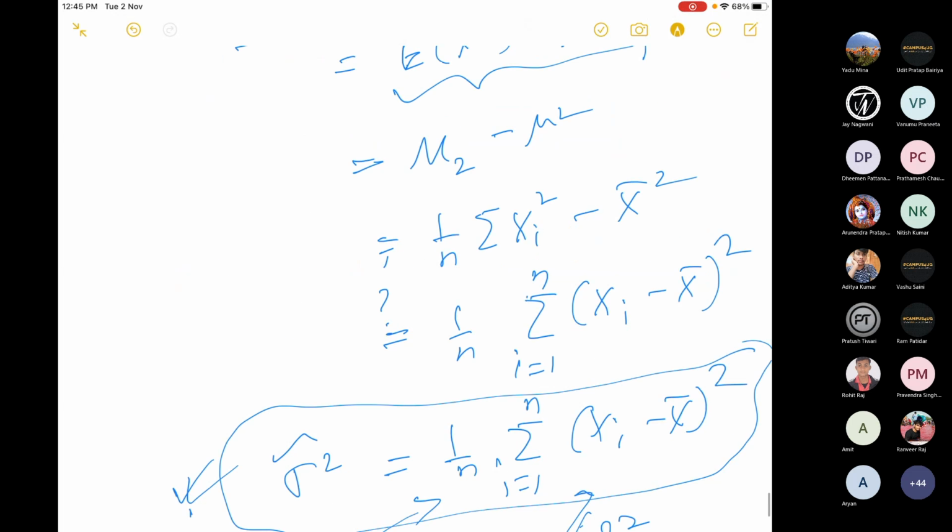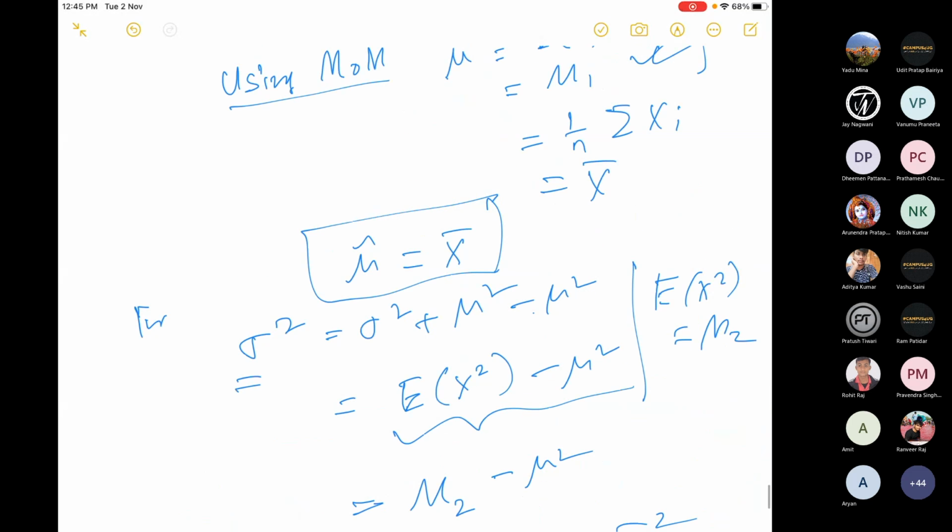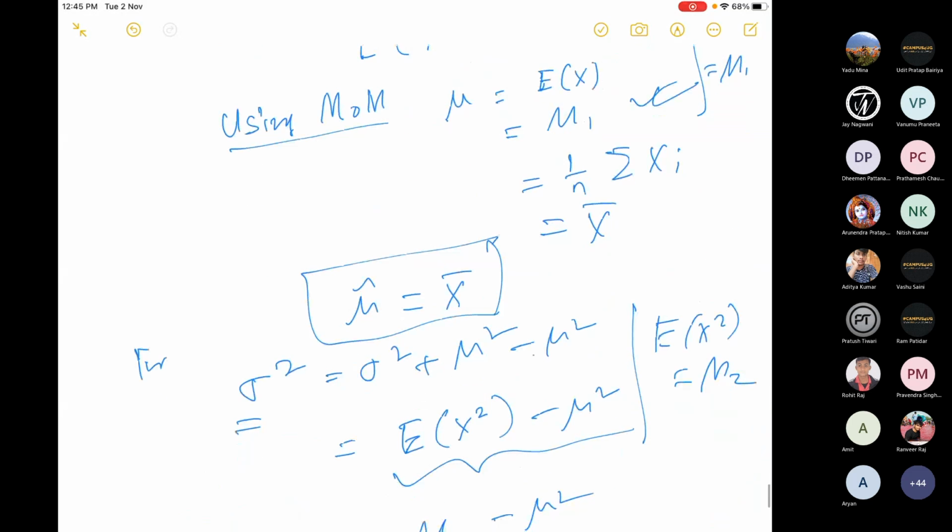Sir, can you show the previous part, above this? Yes. Here, sir, you have written sigma square plus mu square equals E of x square. Then you write sigma square equals sigma square plus mu square minus mu square. That I don't get.